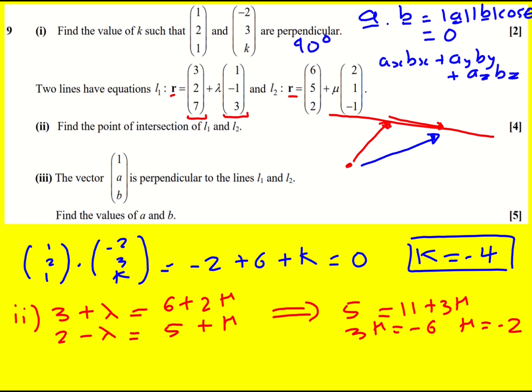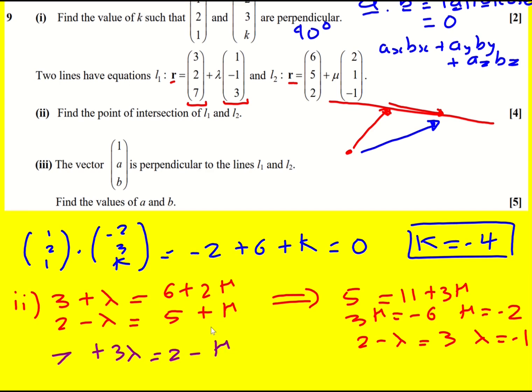So I'm going to sub it back in, and that means that 2 minus lambda will equal 3, so lambda will equal -1. If I now write down my third equation, I just need to check that it is okay. So I get 7 plus 3 lambda is equal to 2 minus mu. And if I sub in, then I would get 4 equals 4. So it's all good, basically.